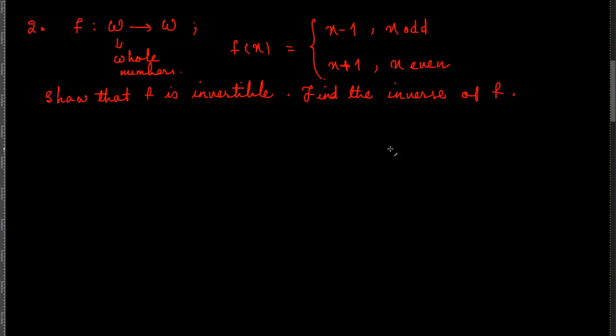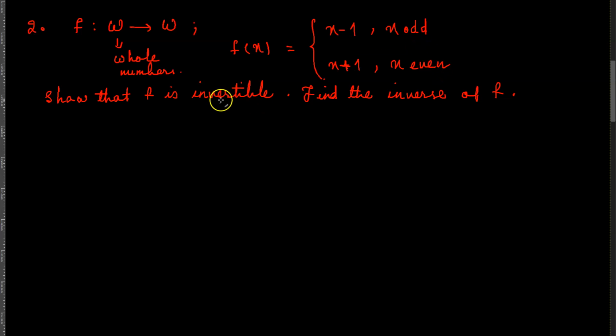Now, you basically have a function from the set of whole numbers to the set of whole numbers, and the function is defined as f of x is equal to x minus 1 for odd x's and x plus 1 for even x's, right?